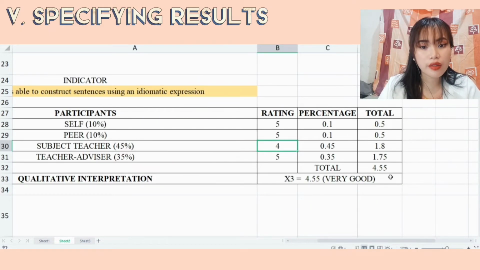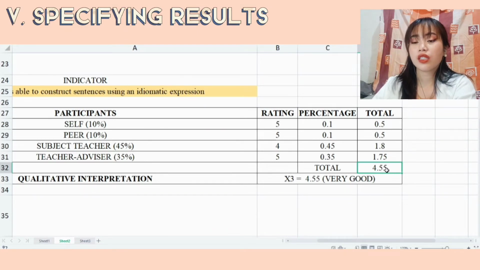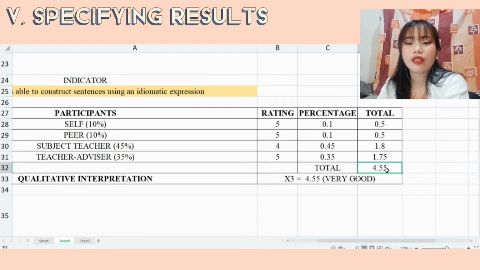We have a total rating of 4.55. What is equivalent to 4.55 in our checklist? Since it has a whole number of 4, the qualitative interpretation of 4.55 is very good.